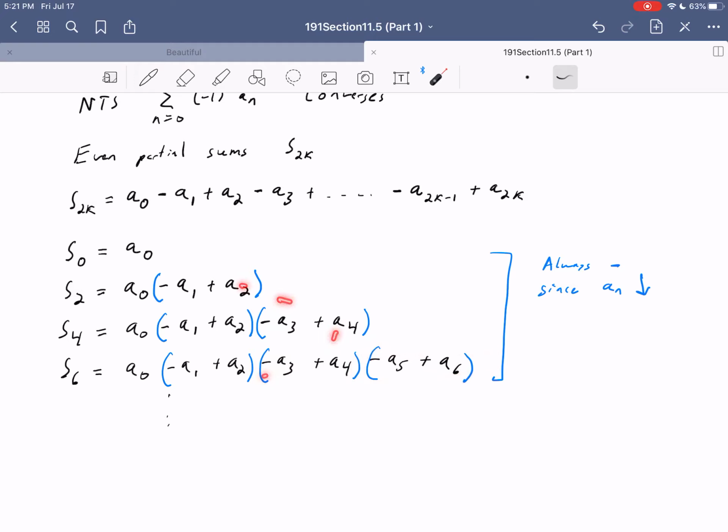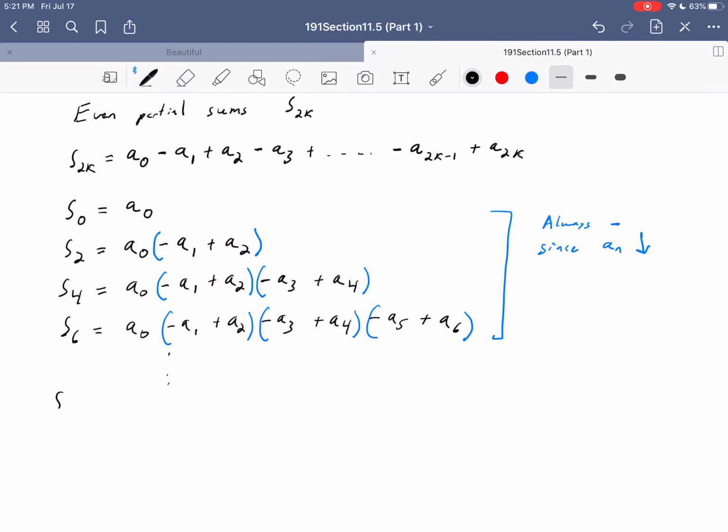So all of these are negative. You'll notice that the even partial sums have more and more negative terms. So this should show you that s sub 2k is decreasing. So the even partial sums are strictly decreasing.